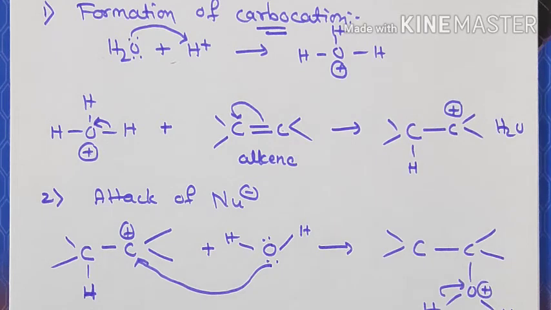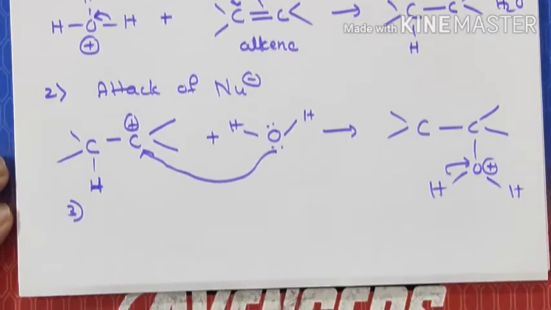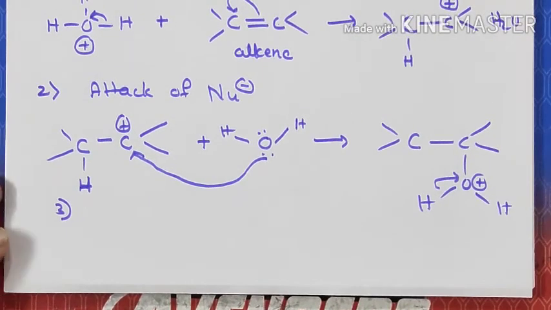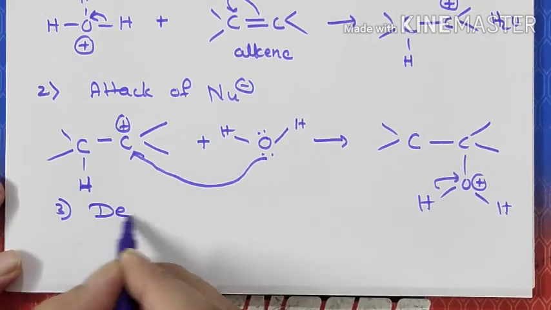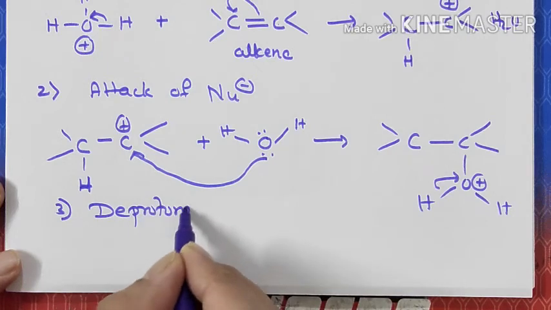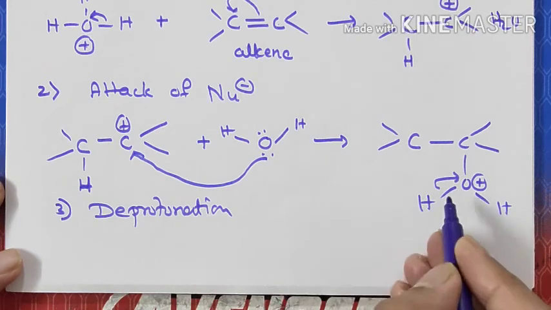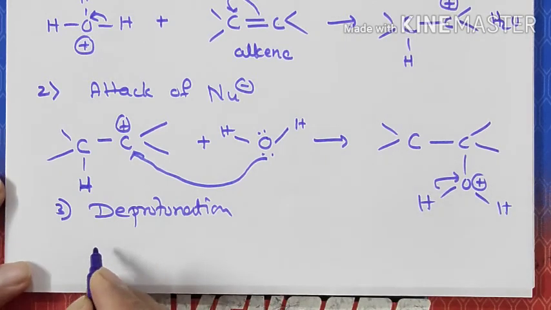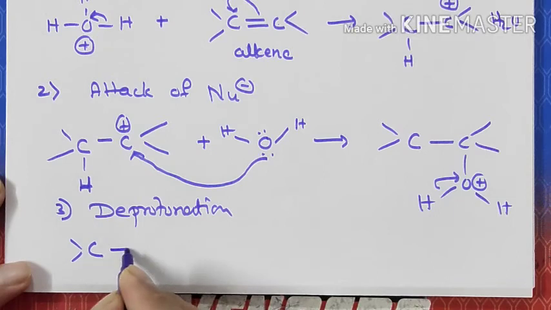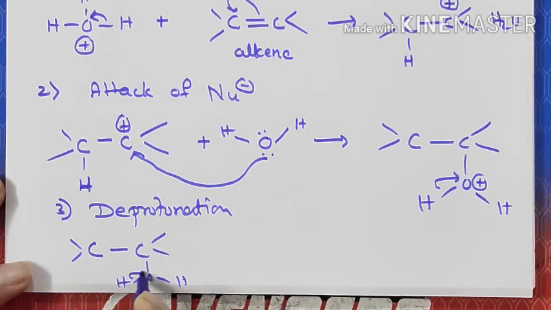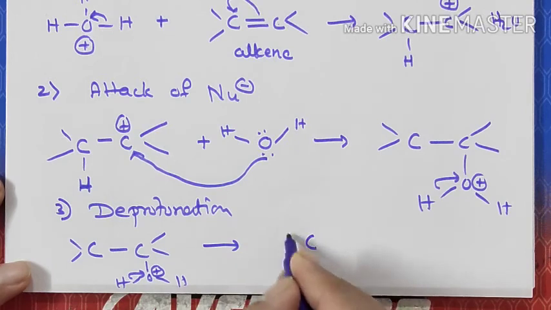The next step is called deprotonation. In this step, this H is lost. I draw it again: this is OH, and it loses H here because this is positive. So what will be formed?